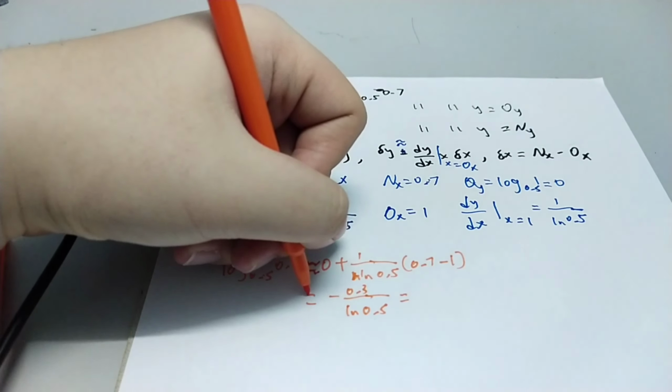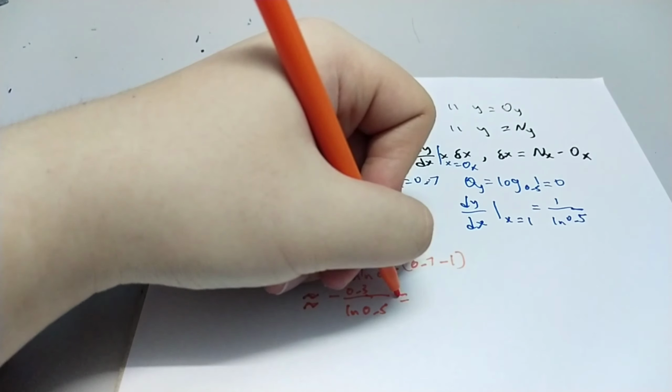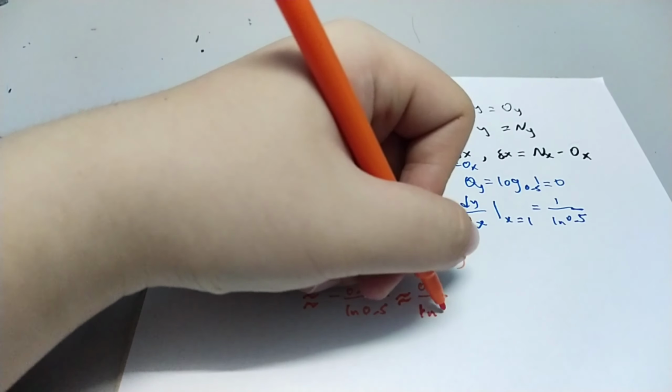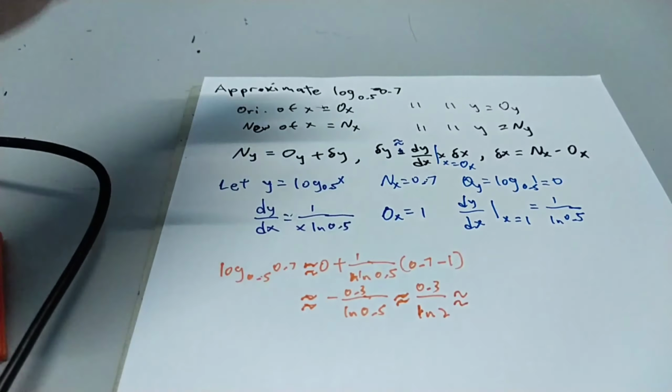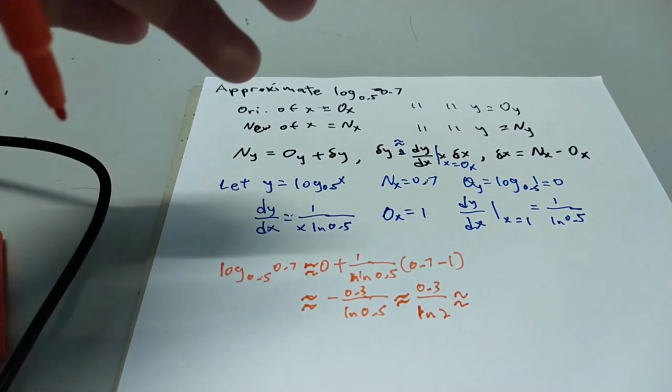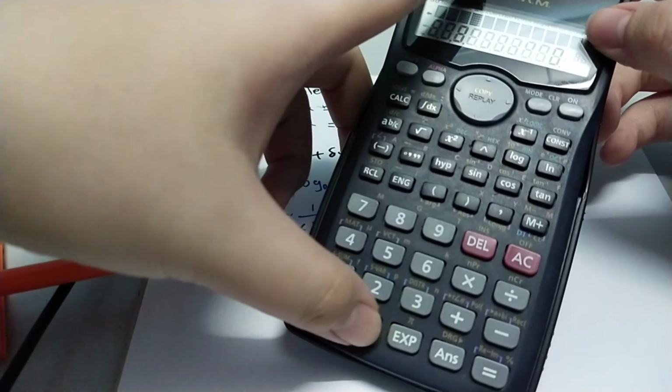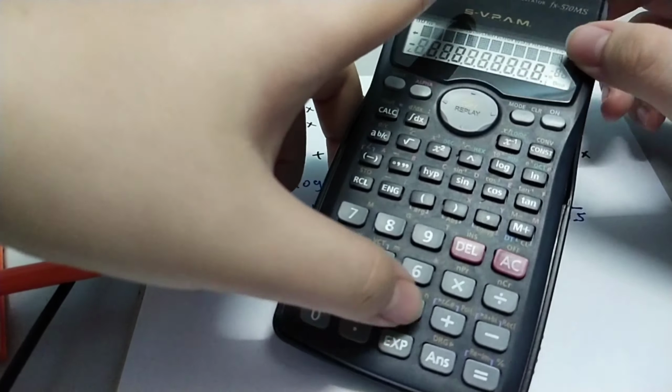This is approximately equal to, oh, I forgot the approximate sign, 0.3 over natural log of 2. For this part we can actually use the calculator, because we are already using calculus. 0.3 divided by natural log of 2 is approximately equal to 0.432808512.